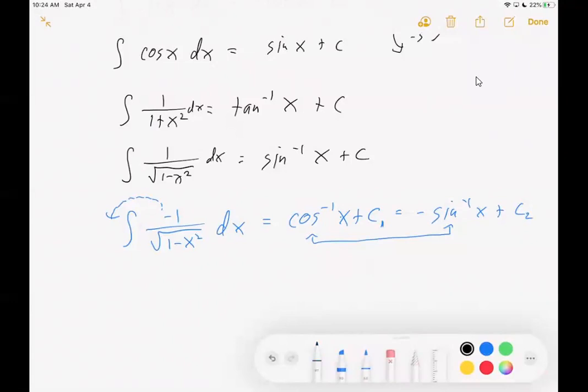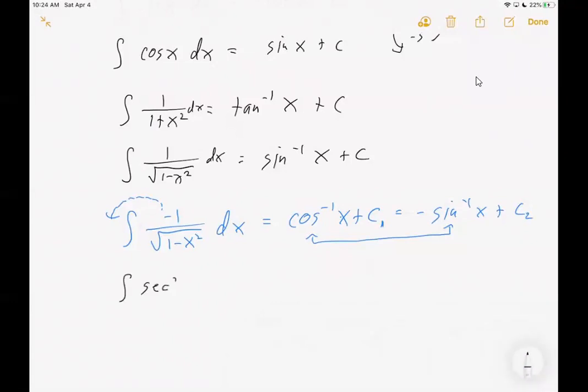And then we should have some of these memorized because of the derivatives. You should realize that integrand was the derivative of the tangent, therefore that would be true. You should recognize that integrand as the derivative of the secant.